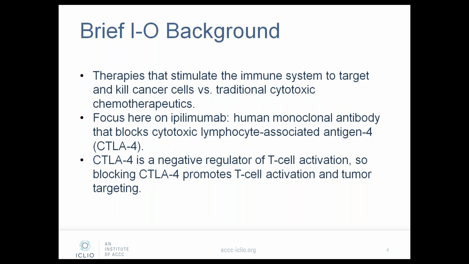So just a very brief background about immuno-oncology. We're used to traditional cytotoxic chemotherapeutics, which are essentially poisons that kill cells. Because tumor cells divide more rapidly than other types of cells in the body, they tend to target these a little bit more so than hopefully normal cells in the body.